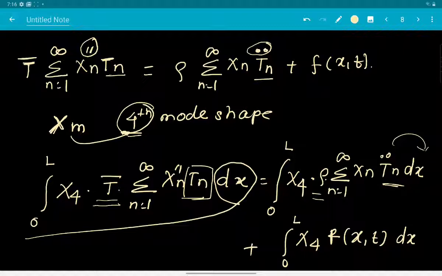But you can have a condition where rho and T change with x. Obviously in that case the expression of the mode shape will be different, and you have seen that I am not putting the expression of the mode shape anywhere over here; I am writing it in the most generalized sense. Therefore, to respect that generalization, I am keeping T bar and rho inside the integration.